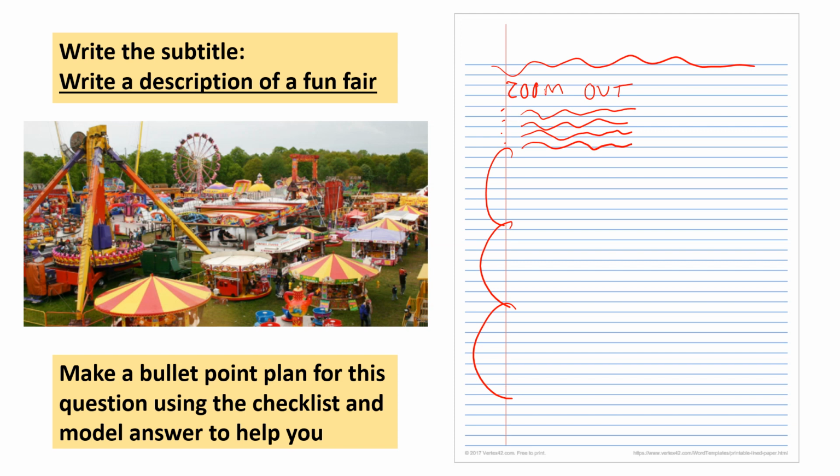So what I'd like you to do now is you can click off the video, close the video down, open the Word document with the model paragraph and the checklist that you just highlighted and complete a plan. Okay, and here's a picture to inspire you, and you can also Google other pictures of fun fairs to help you.